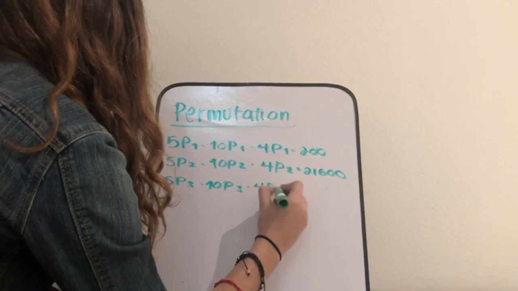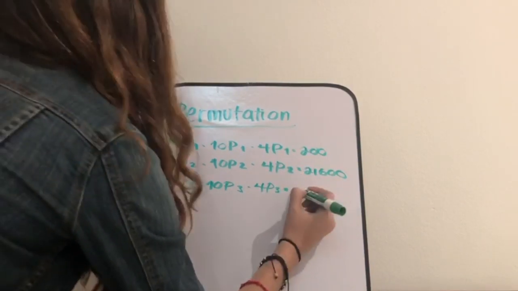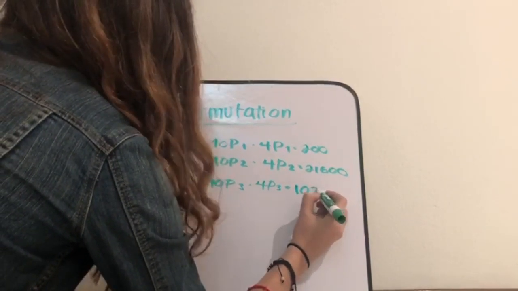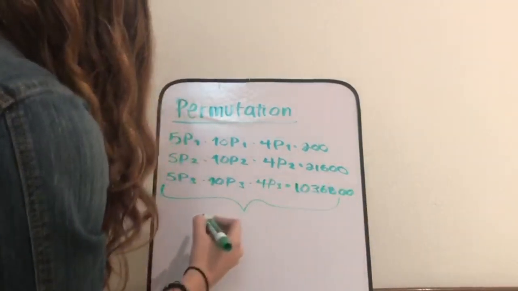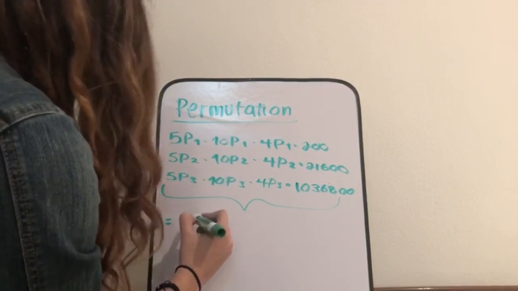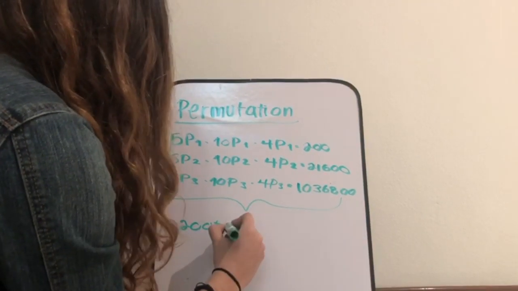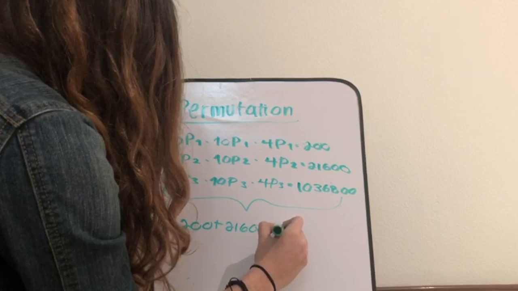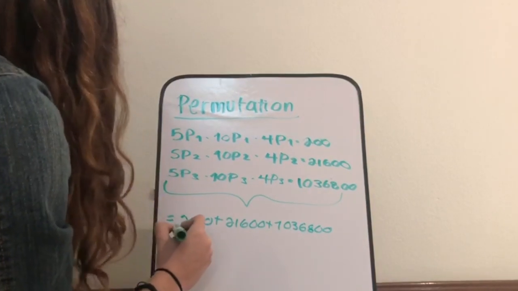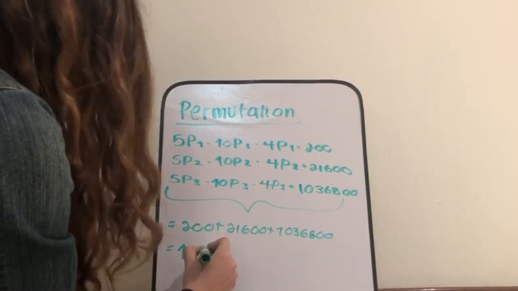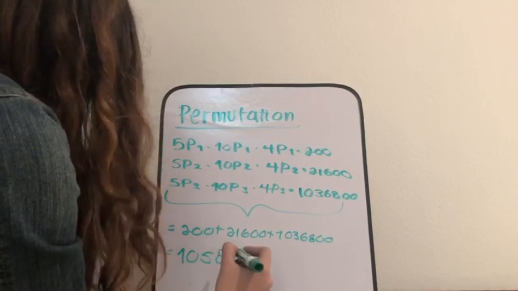Last but not least, we are going to do 3 courses, which is 5P3 times 10P3 times 4P3. Now we are going to add each of the results, and we get the answer for how many ways it can be served with permutation.